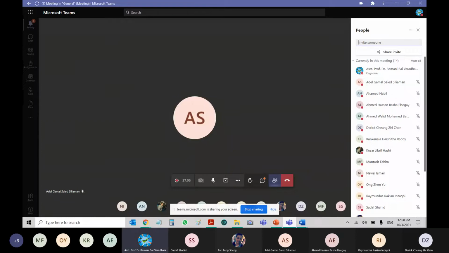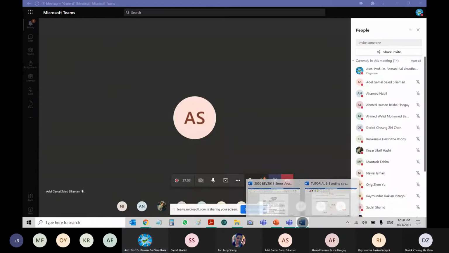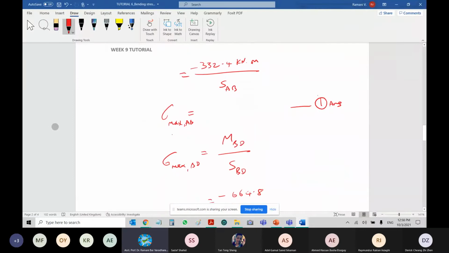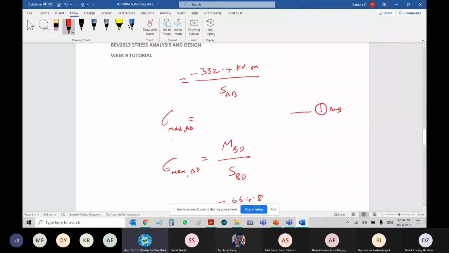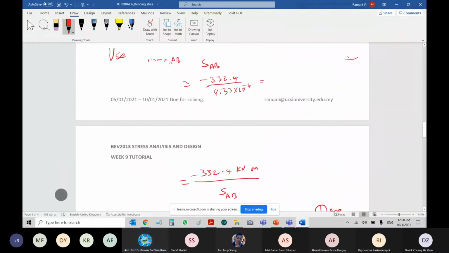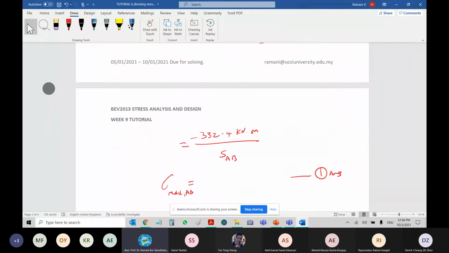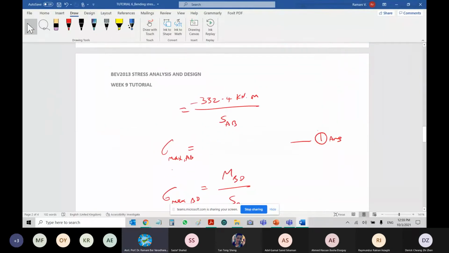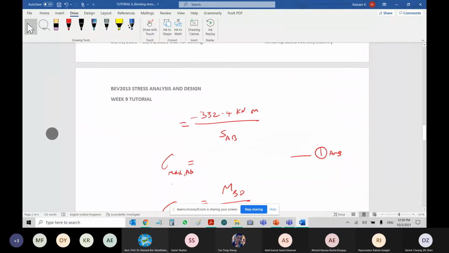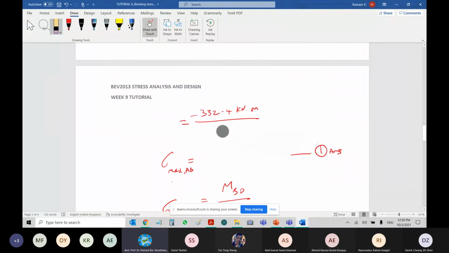Ahmad Hassan, what's your answer? Please help. S_AB is just a ratio, right? Is S_AB what we put here? It was already substituted here. I have already substituted here. And what is his answer here? Let me write it down. I don't know why you're taking a long time.